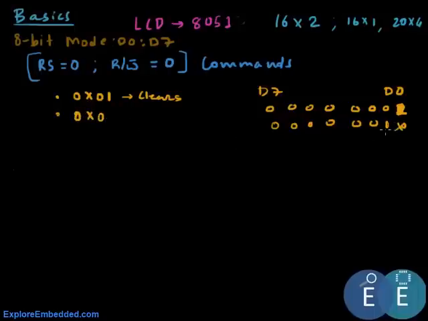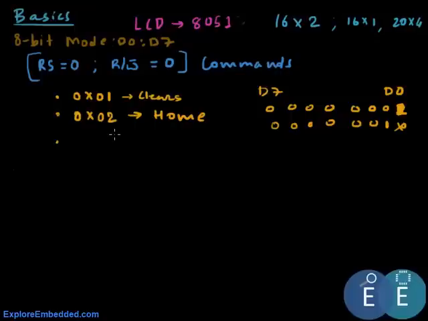Now this is don't care. So for 2 and 3, it just clears the display and gets the cursor to the home position. Okay, so this would be 0x02 or 0x03. So this gets the cursor to home.